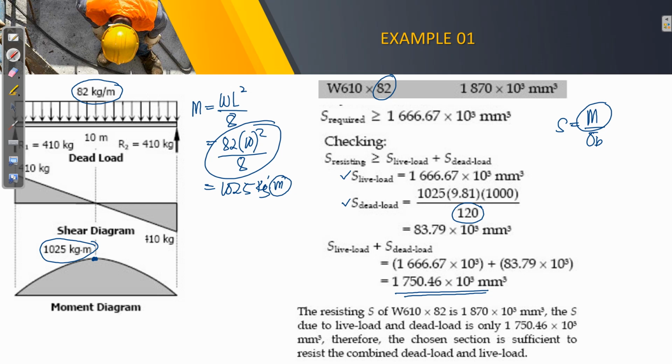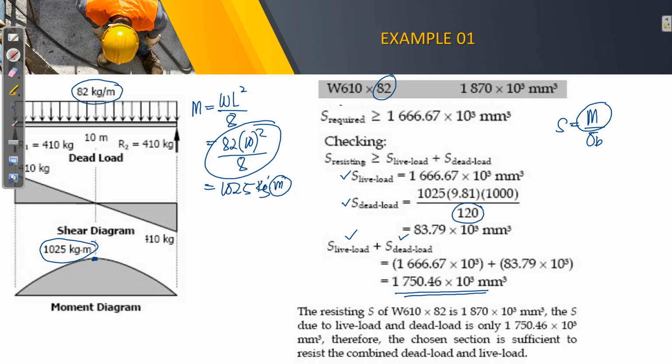So this time, your S is composed of two, live load and dead load. So we are going to compare this with your selected section.